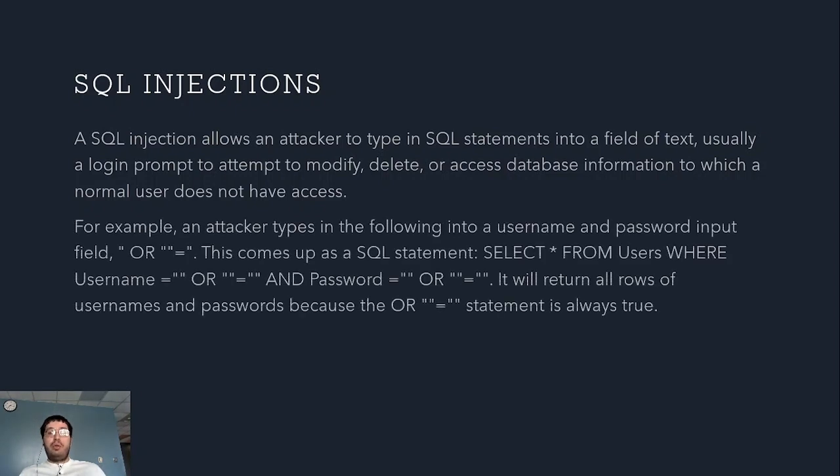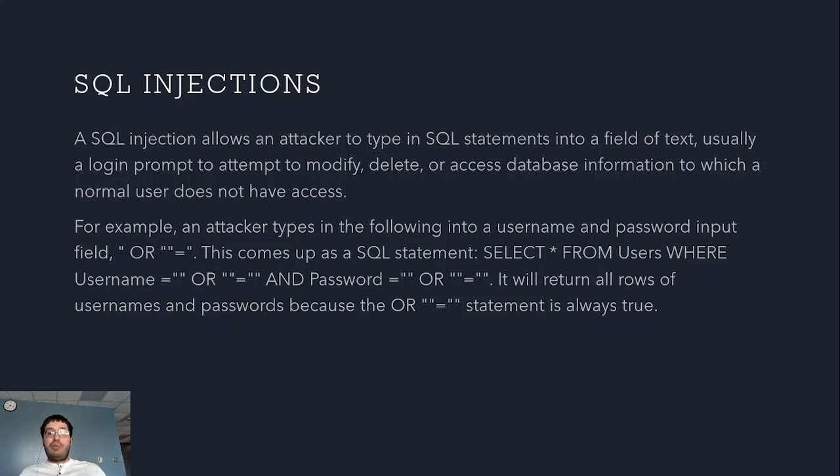An example of this would be an attacker typing the following into a username and password input field: quotation mark, or, quotation mark, another quotation mark, an equal sign, and another quotation mark.